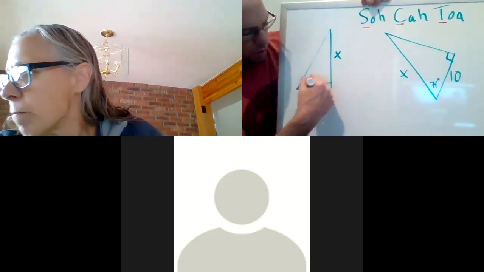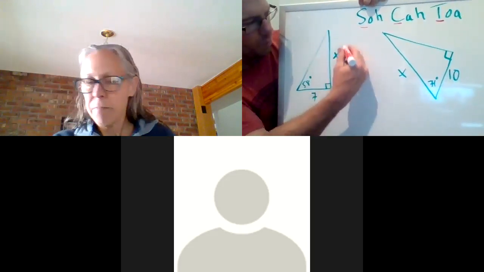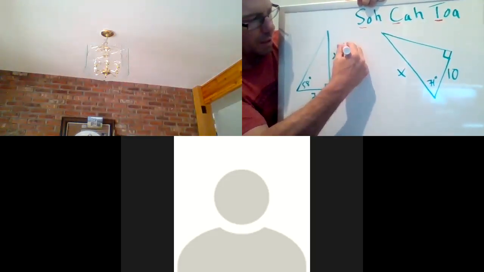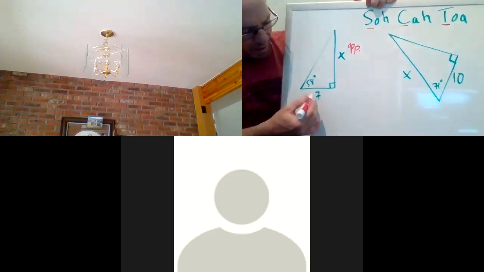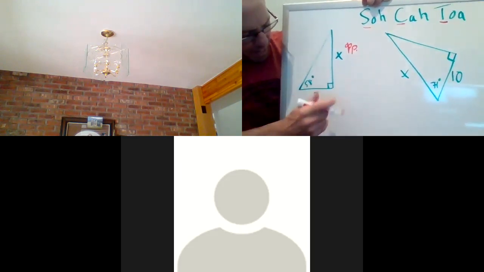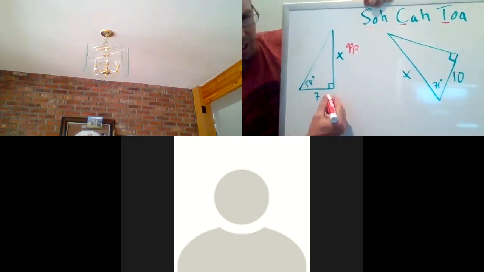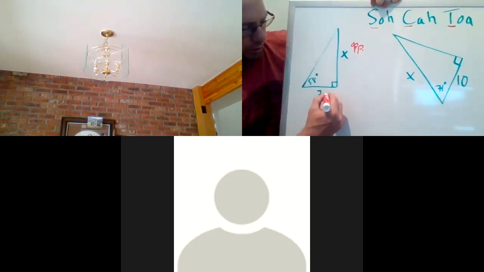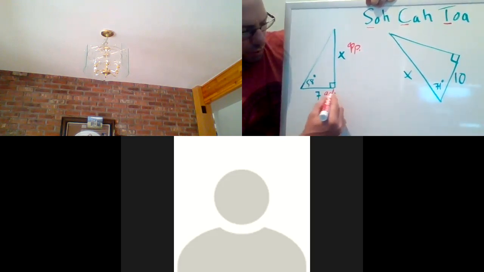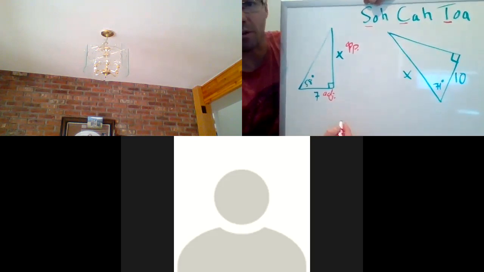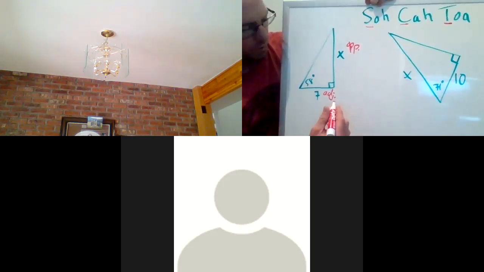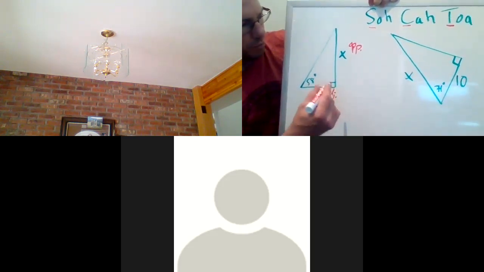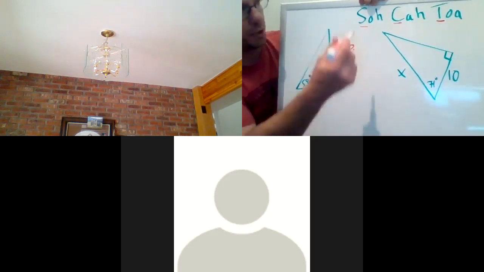So x is across from the angle, so I'm going to call x the opposite side. 7 is next to it, so we call it the adjacent side. Adjacent simply means next to, okay? So I've got opposite and adjacent.